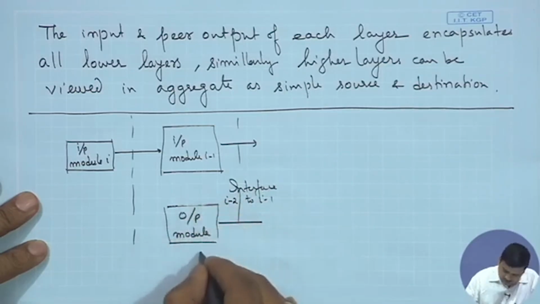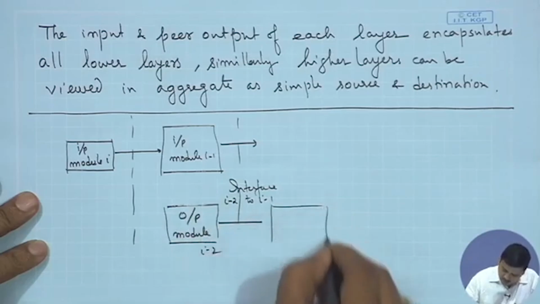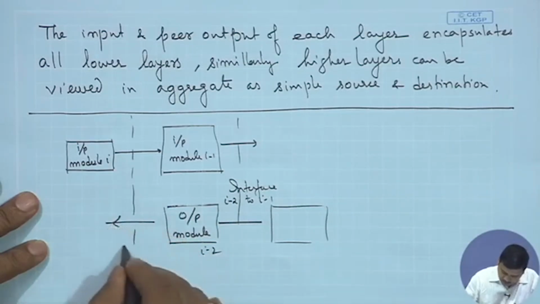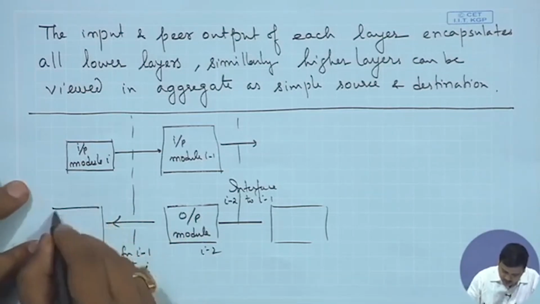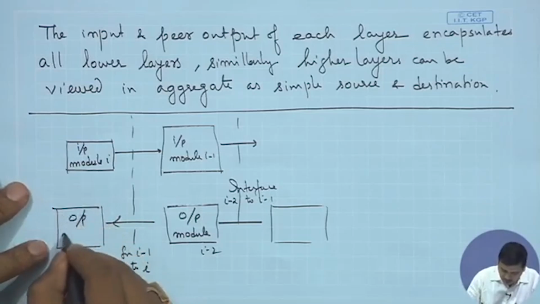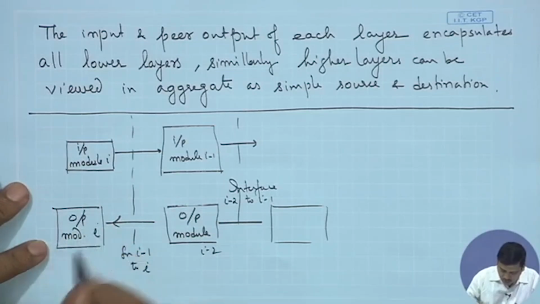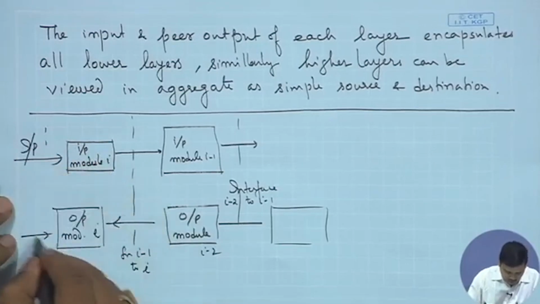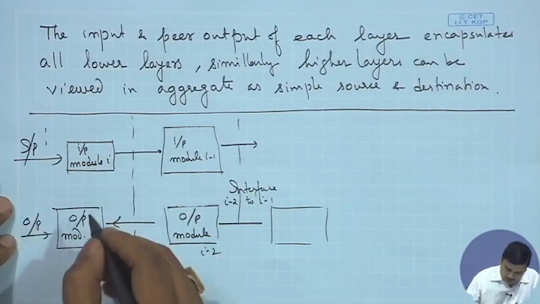Look at this. This is the I minus 2, this is the I minus 1, and this is from I minus 1 to I, because this is I, output module I, and this is of course the input, this is of course the output.